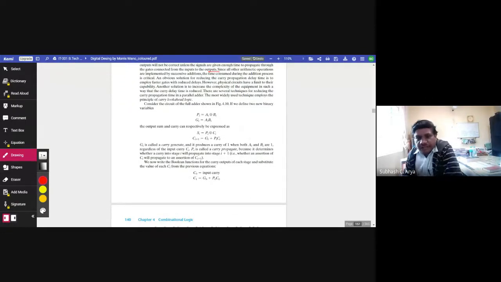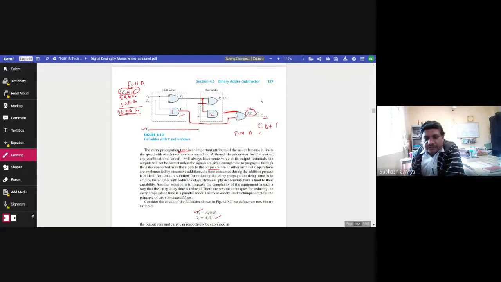Now let us see how it goes when we apply i equal to 0, 1, 2, 3. So Pi is equal to Ai exclusive OR of Bi, meaning the first number and the second number. And Gi, which is the intermediate one, is equal to Ai Bi. This is given here. You can see Pi is nothing but Ai exclusive OR of Bi, and Gi is Ai Bi.